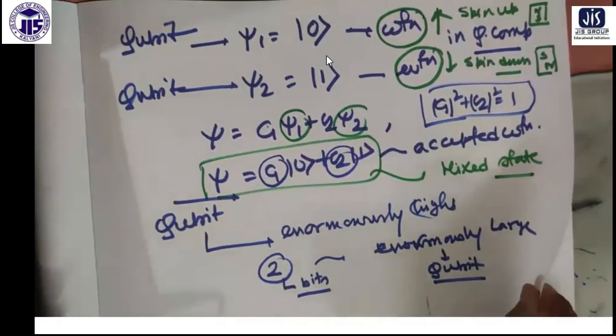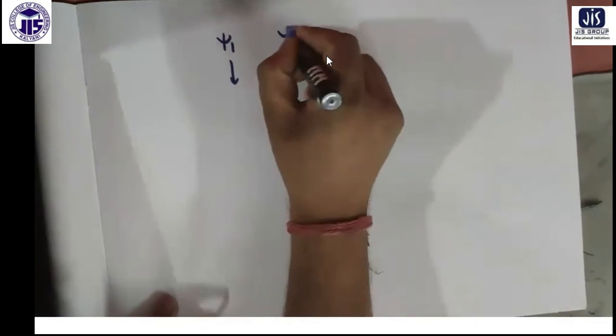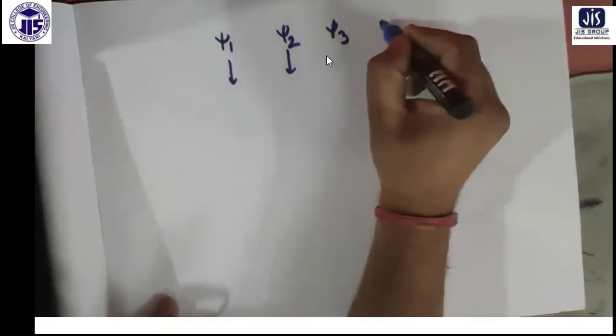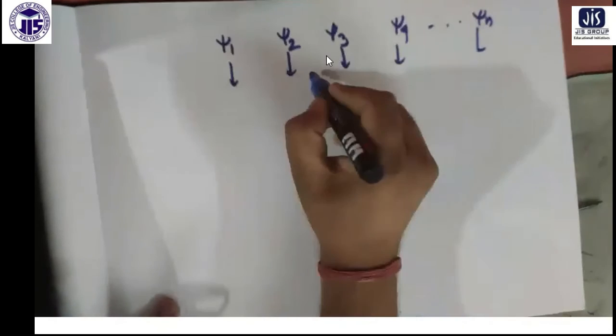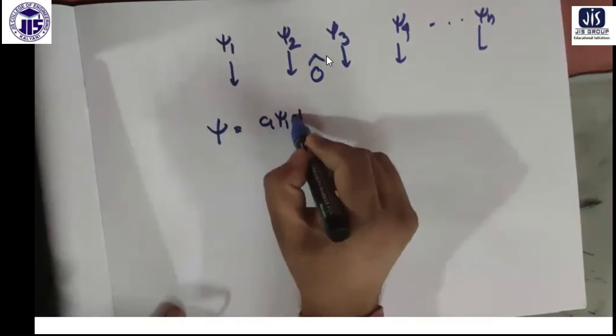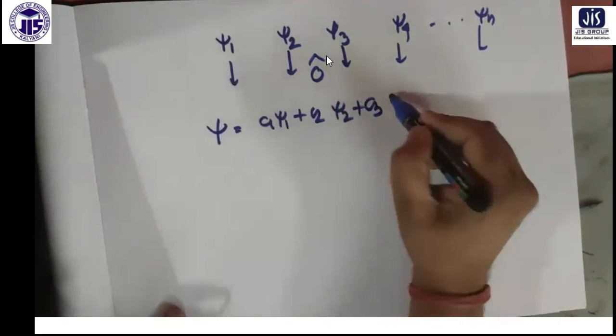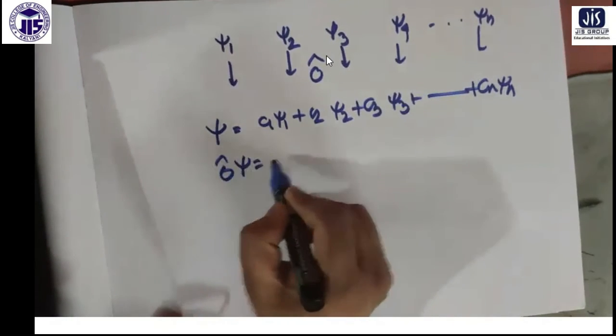We will discuss it later on, but let me get back to the superposition principle. If psi1 is an eigenfunction of an operator O, psi2 is an eigenfunction of O, psi3 is an eigenfunction of O, and psi n is an eigenfunction of any operator O, then their linear combination, c1 psi1 plus c2 psi2 plus c3 psi3 and so on up to cn psi n, is also an eigenfunction of the same operator.